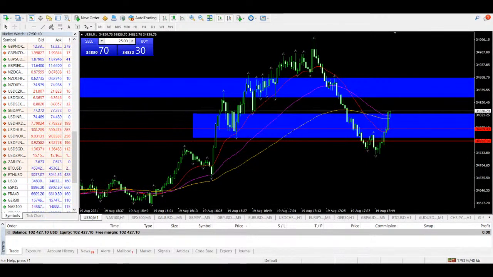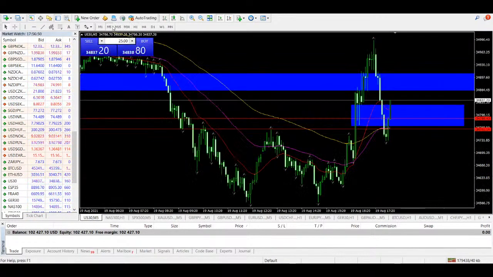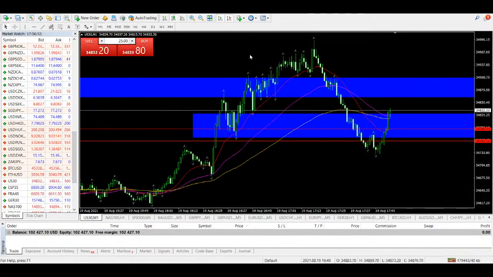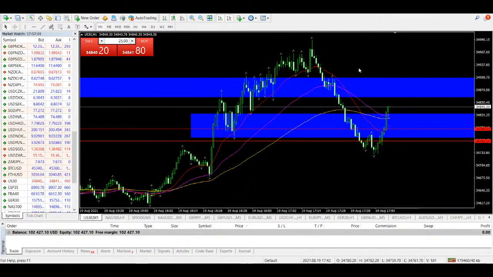I'm still bear trending. I think that we're going up, and I called it a second ago. I said I wanted to buy. I didn't buy because it was silly, but here we go up, and I think that we're going to go up quite hard.